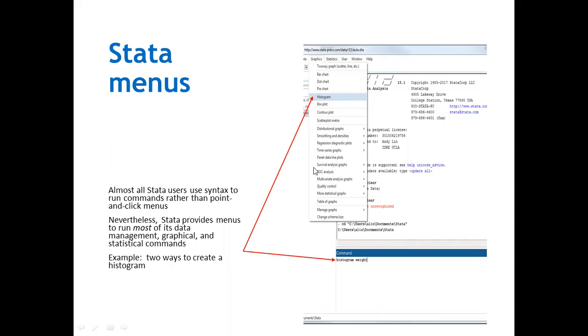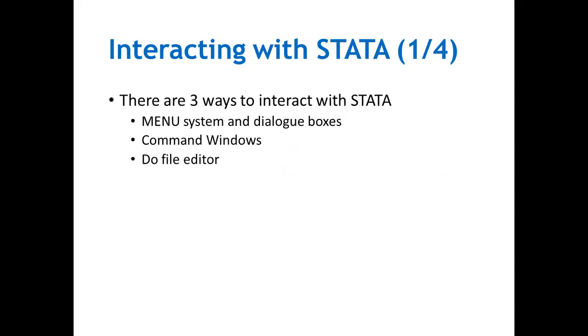When you also go to statistics in the menu bar, they also have a pull down menu to choose from. So it's either you work with commands or you use the menu, statistics, for example.